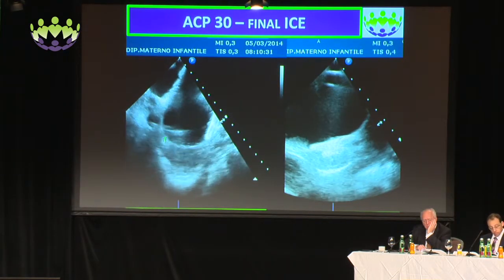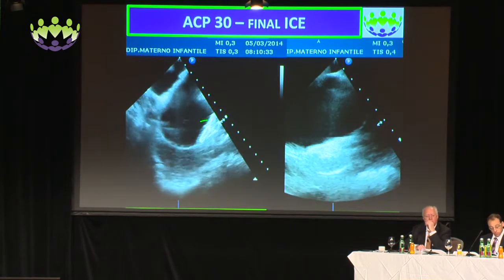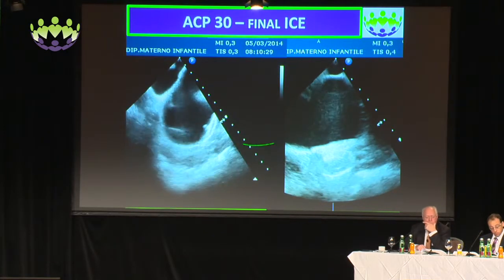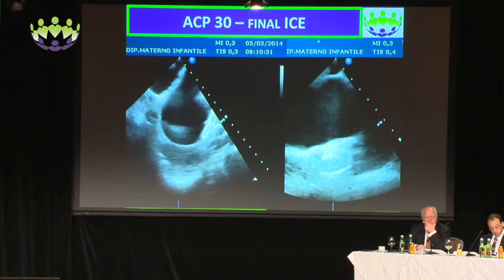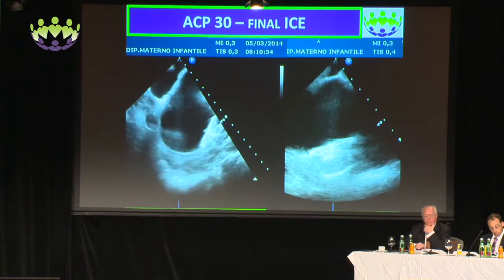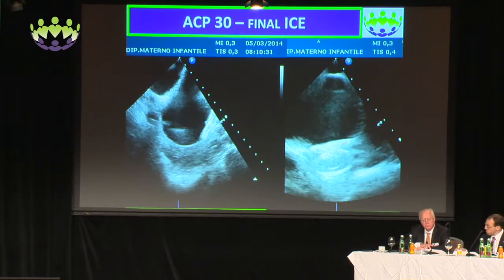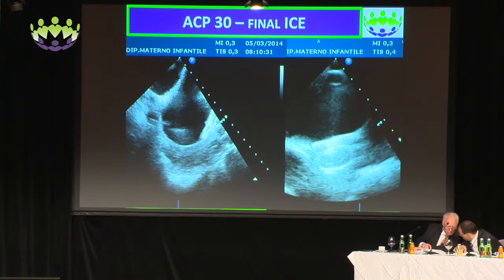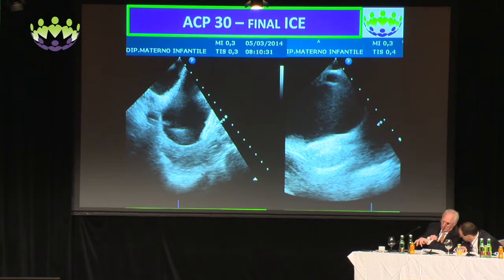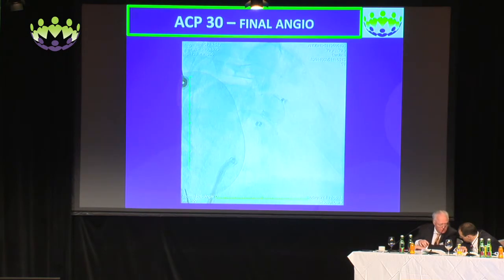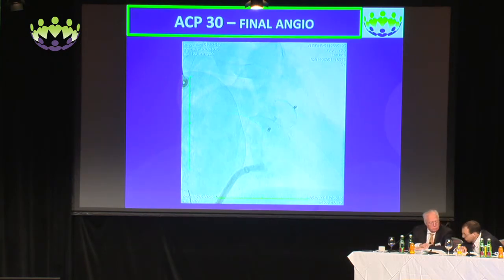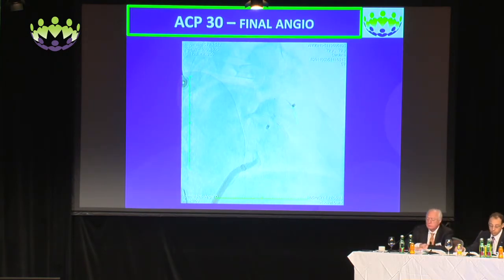These are the ICE echo evaluations after the placement of the device that show a correct placement, viewed from the atrium and from the coronary sinus. And we perform the final angio to check that the appendage is completely excluded.